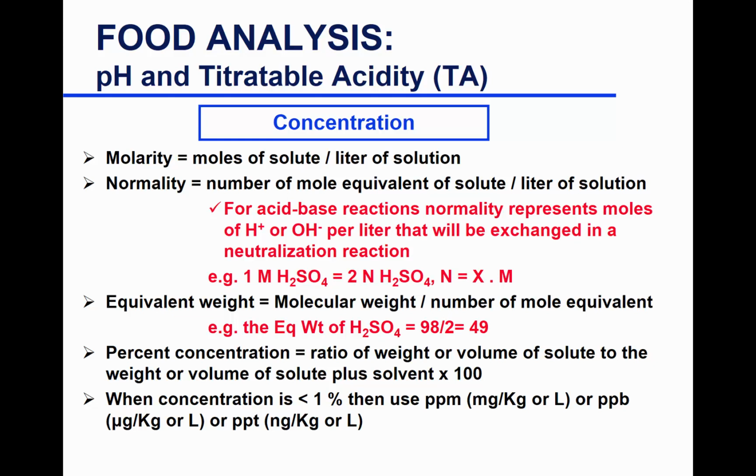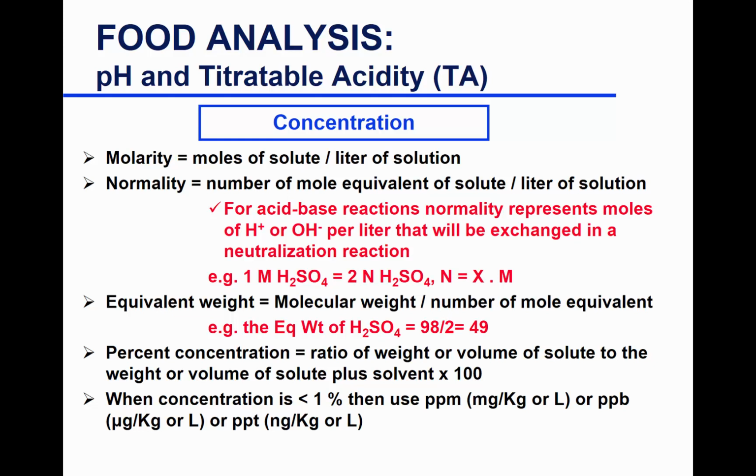So normality is number of moles or mole equivalent of solute per liter of solution. So what is a mole equivalent? If we think about acid-base reaction, you have hydrogen in acid and OH in base. So the number of hydrogens or OH that can be transferred or exchanged in a neutralization reaction per liter.